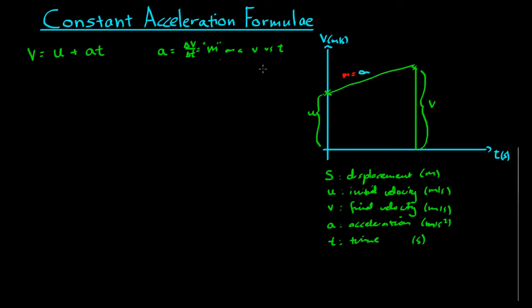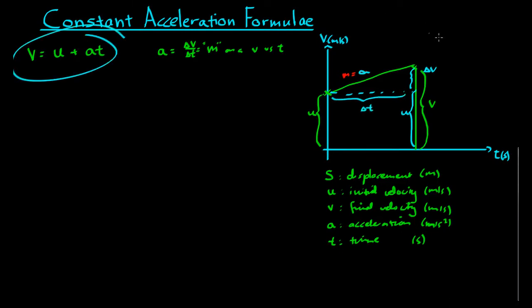So if we start at U, we're starting at this height here. So I'll draw a horizontal line. This would be U on the final velocity. And the extra rise here, we'll call that the change in V. And of course, this length along here is delta T.